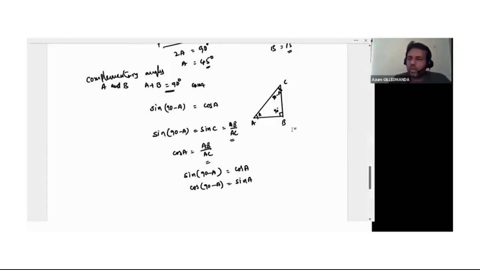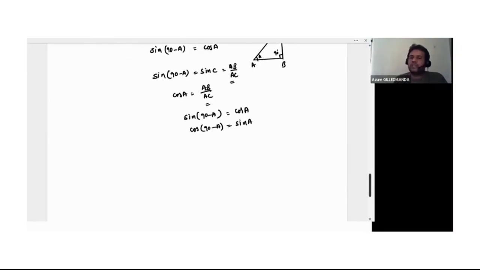Similarly, if we find cos 90 minus A, we will get sine A. Okay, so these two are complementary angles. So sin 90 minus A is cos A, cos 90 minus A is sin A. Similarly, we will get tan 90 minus A is cot A, and cot 90 minus A is tan A. This we just need to remember, right?